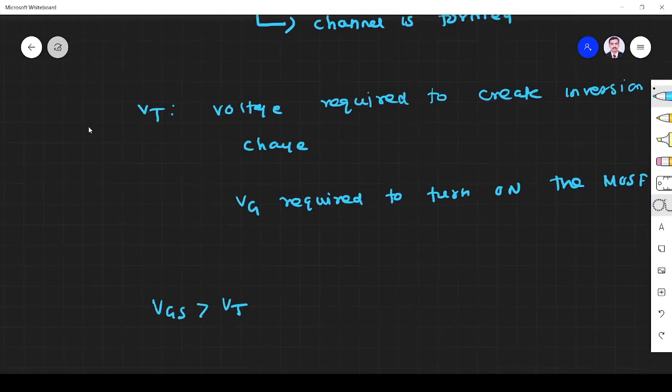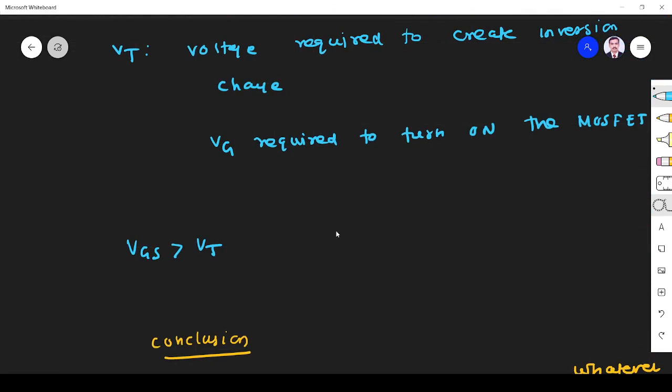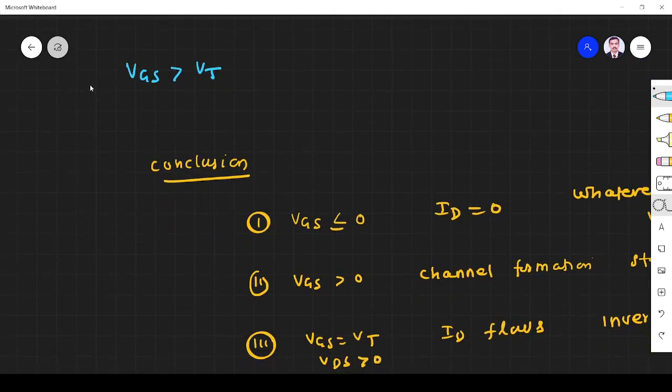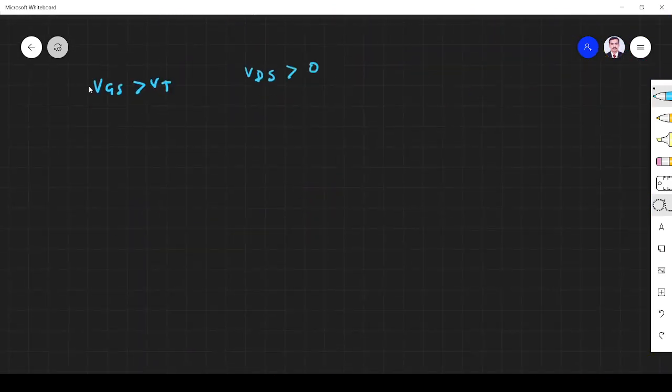Next, at one point channel pinch off will occur. That is another important point. If you increase VDS beyond a certain point, pinch off will occur, and that is called VDS SAT.